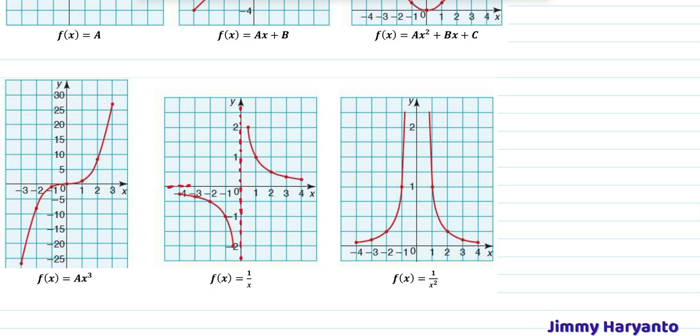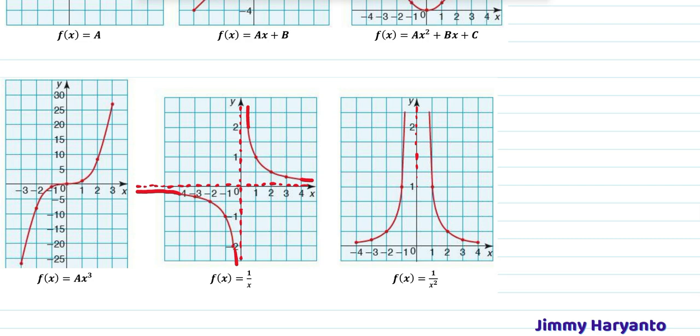An asymptote means a line that is never touched by the graph itself, but the graph will be very close to the asymptote. As you can see, when we continue the curve, it will be very close to the asymptotes, just like that. Okay, and then 1 over x squared will be like this.